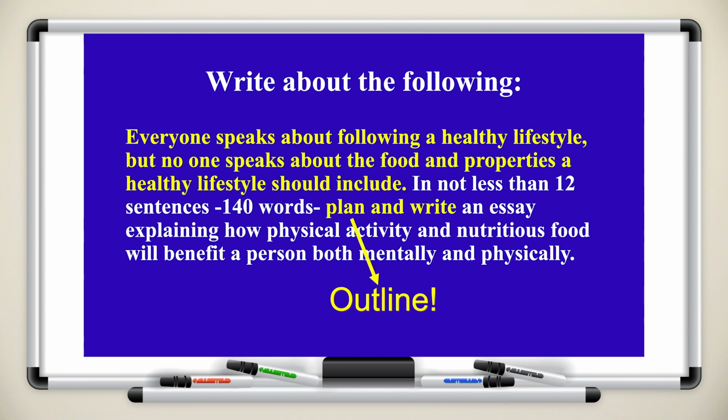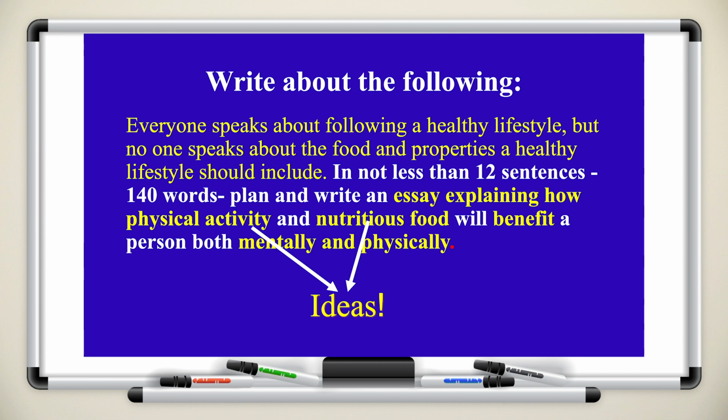Okay, let's take a closer look at the question. Now they said plan and write, which means you have to plan using an outline. Okay, and then they gave you two ideas, physical activity and nutritious food. So you have two ideas to use, and how they will benefit you mentally and physically.